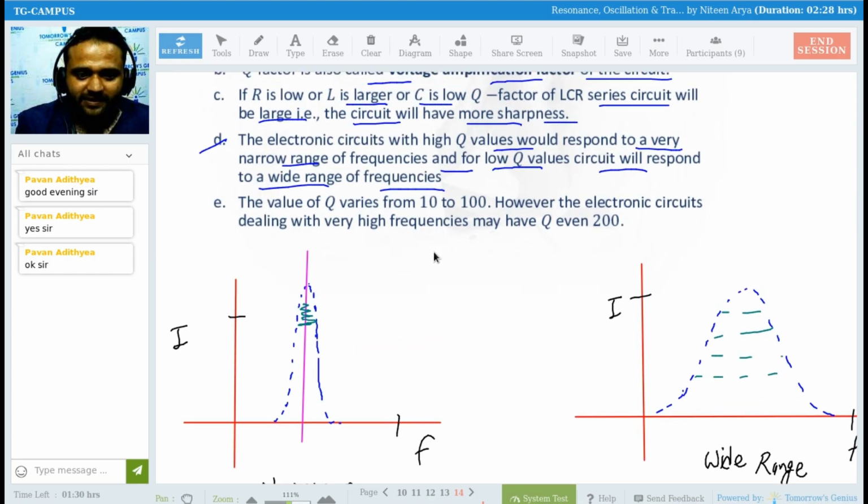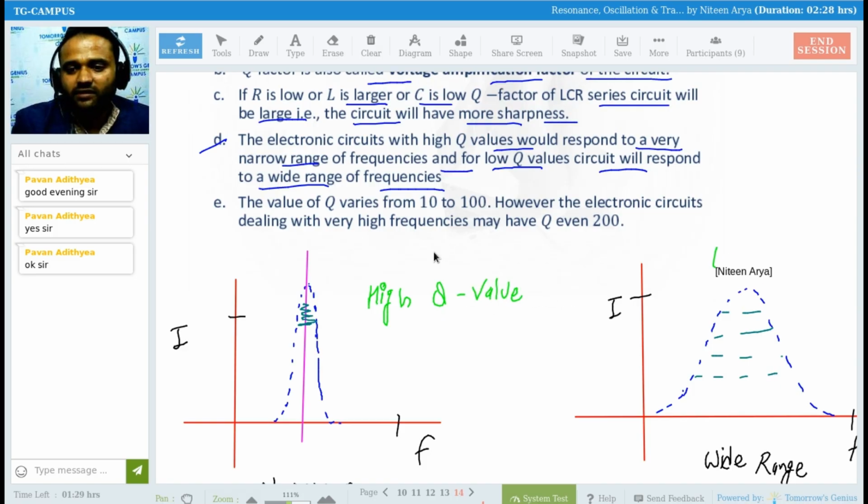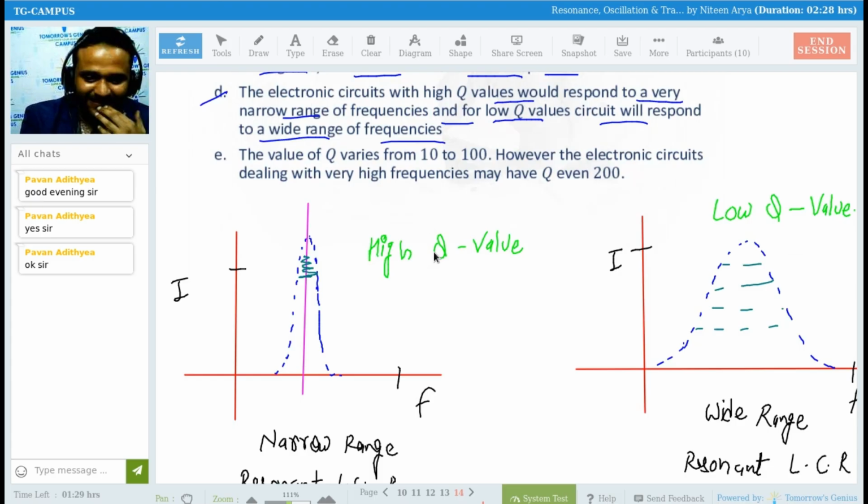So the fourth point states that an electronic circuit with high Q values would respond to a very narrow range. This is your high Q value, quality factor, and this is your low Q value. There is an IQ value also, but I don't talk about that because it goes beyond the limit of my range.